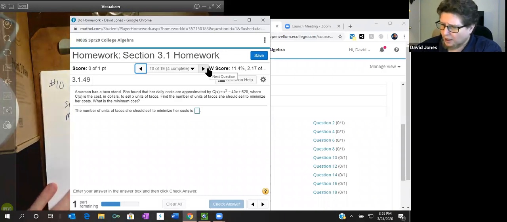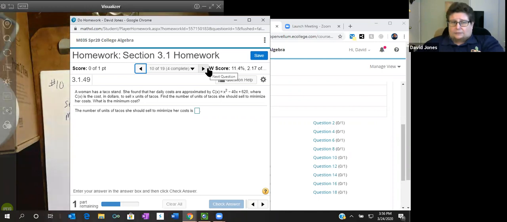The minimum cost occurs at the lowest possible point, which happens to be the vertex. They're just asking you to find the vertex. And they're not asking for a coordinate right now. They just ask for the number of units she needs to sell. Find x. That's what they're looking for in number 10.